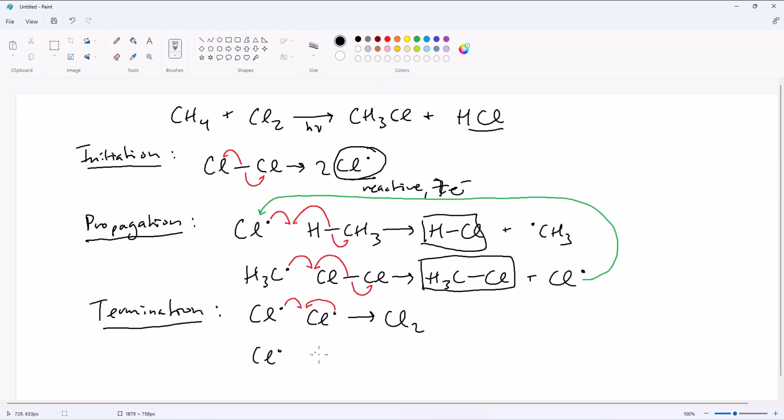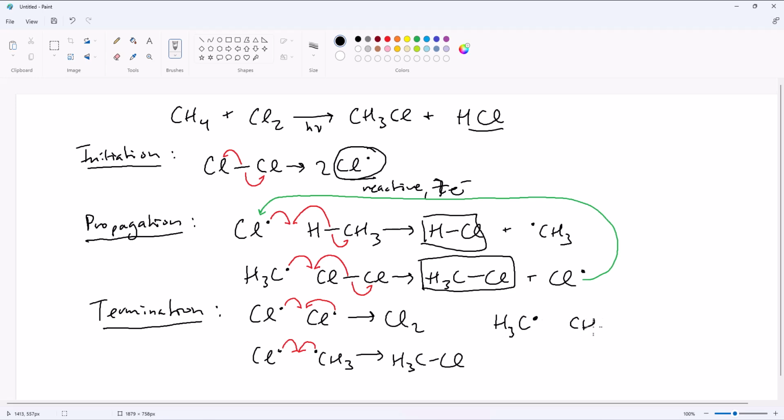We can have Cl dot combined with CH3 dot, so methyl radical, which would be what we call a productive side reaction because that would form our desired product. There's that CCl bond that we desire. But what we see, and this is usually unavoidable unless we have steric restrictions on our carbon radicals, is often dimer formation.